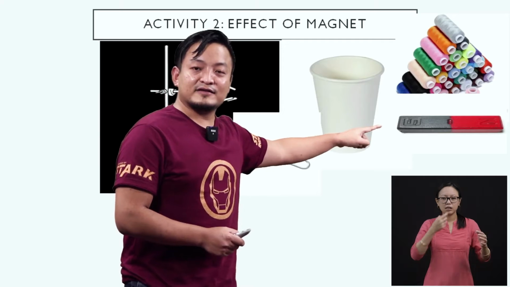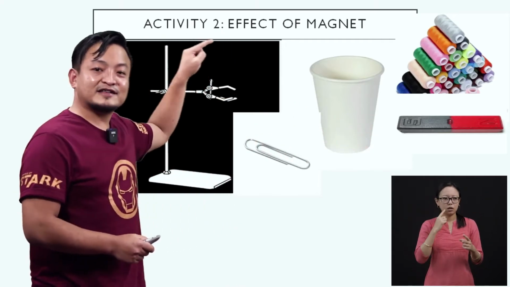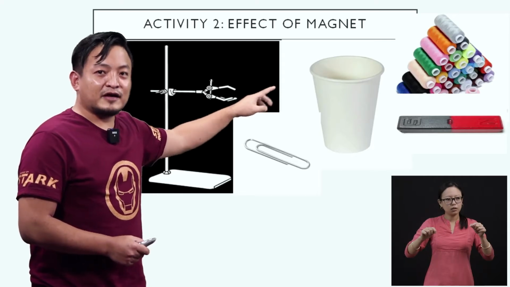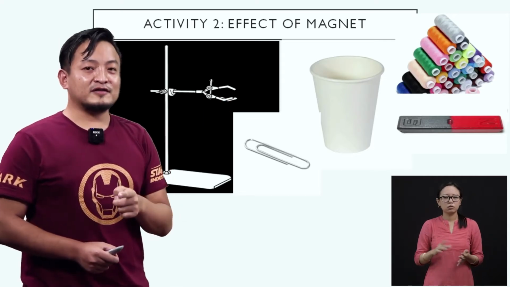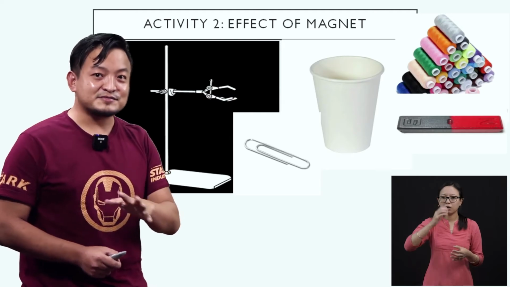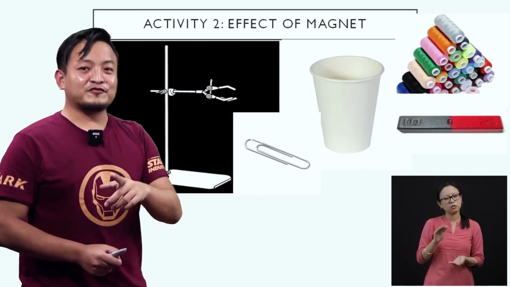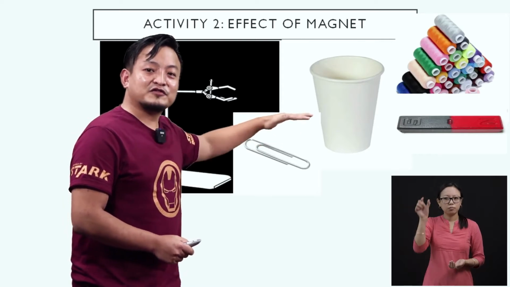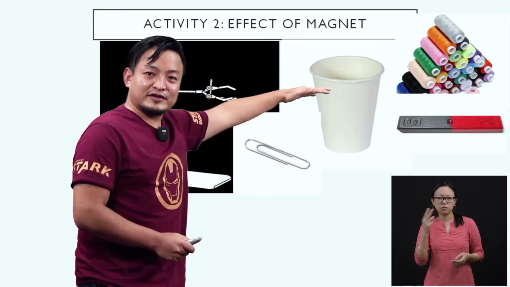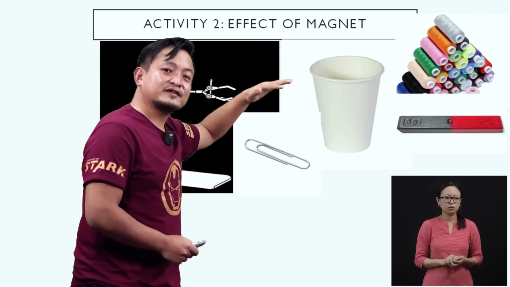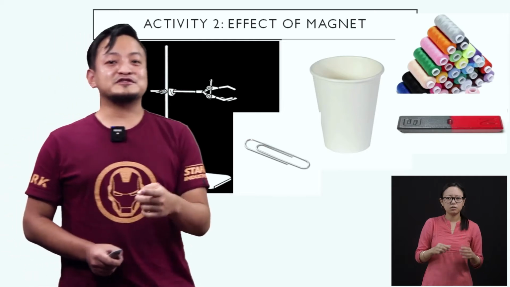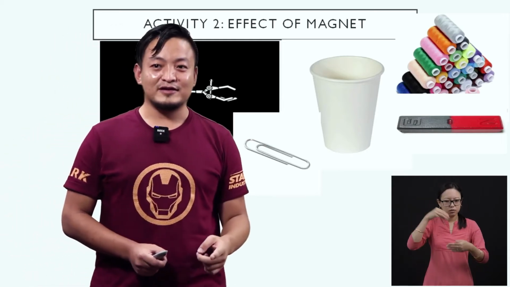This magnet we are going to put inside the cup, and we have to make sure that others don't see it. After we put the magnet inside the cup, we cover it with paper, because we don't want to show this magic to anyone.